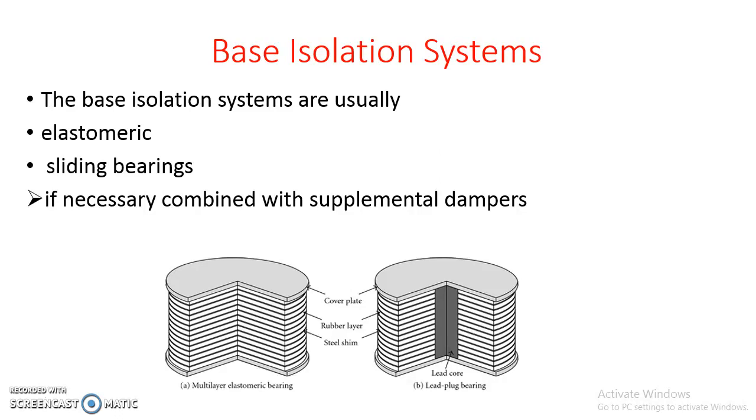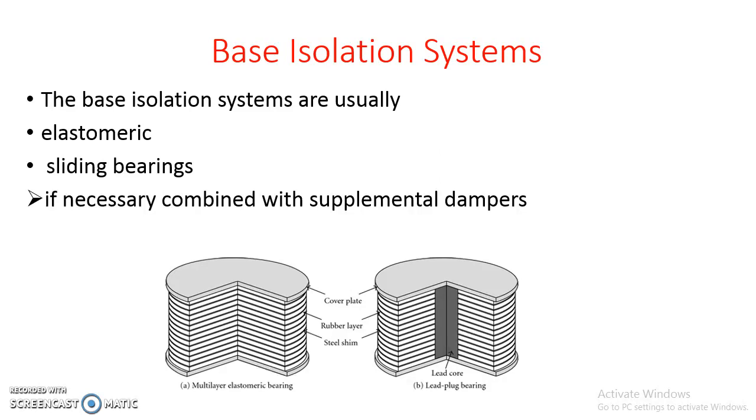There are two schematic representations: a multi-layer elastomeric bearing and a lead plug bearing. In the elastomeric bearing, there are alternating sandwiched layers of rubber and steel plates. This helps in detaching the structure from the base. This is one of the most famous base isolation systems used worldwide.